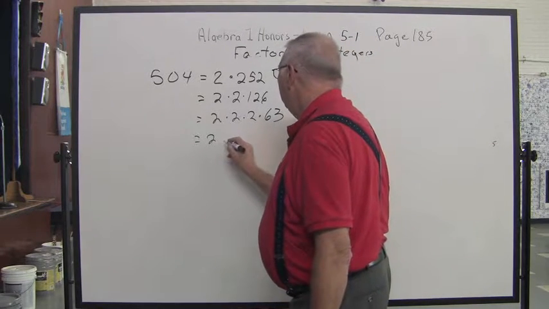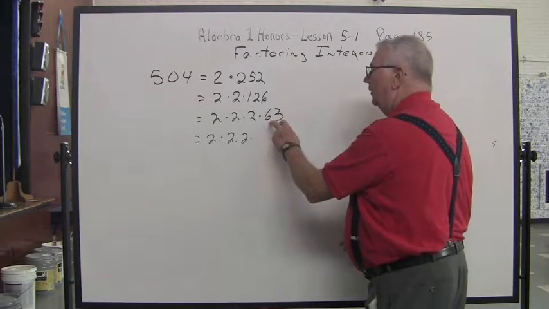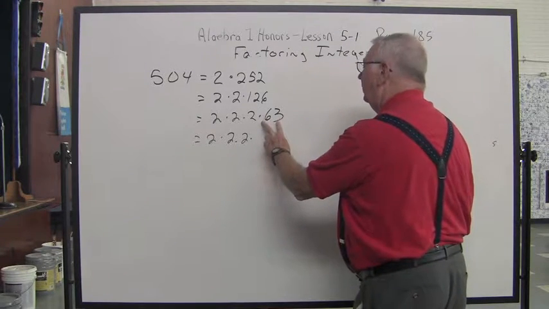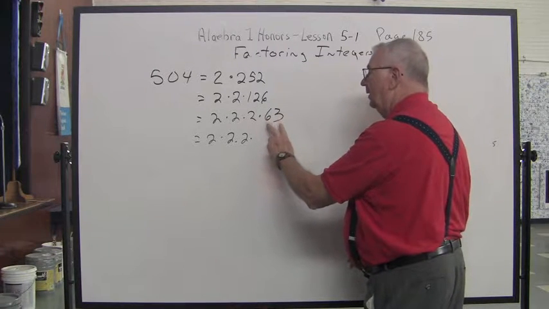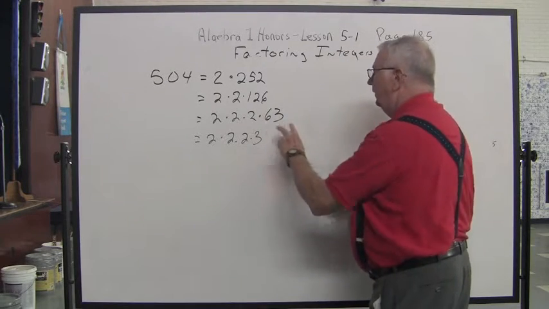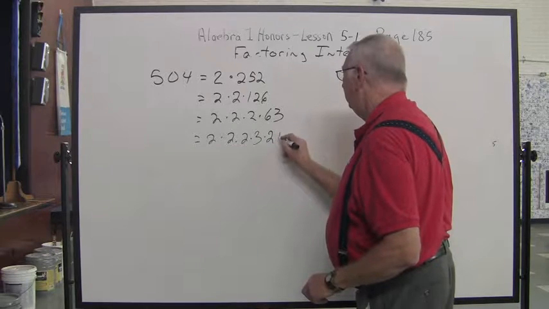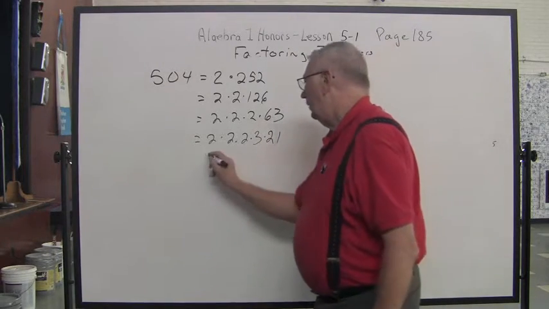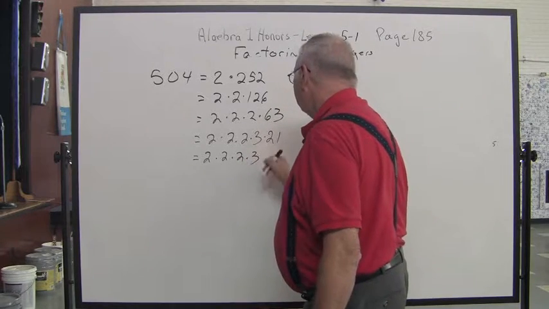Now we no longer have an even number, so we'll see, does 3 go into the sum of the digits here? Yes, it does. So we can go to 3 as our next prime number, and 3 goes into 63 21 times. So now we have 2 times 2 times 2 times 3.